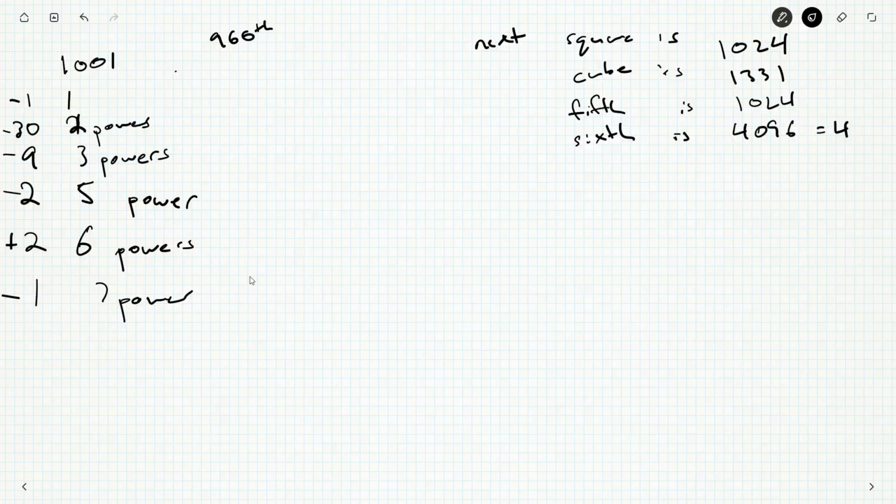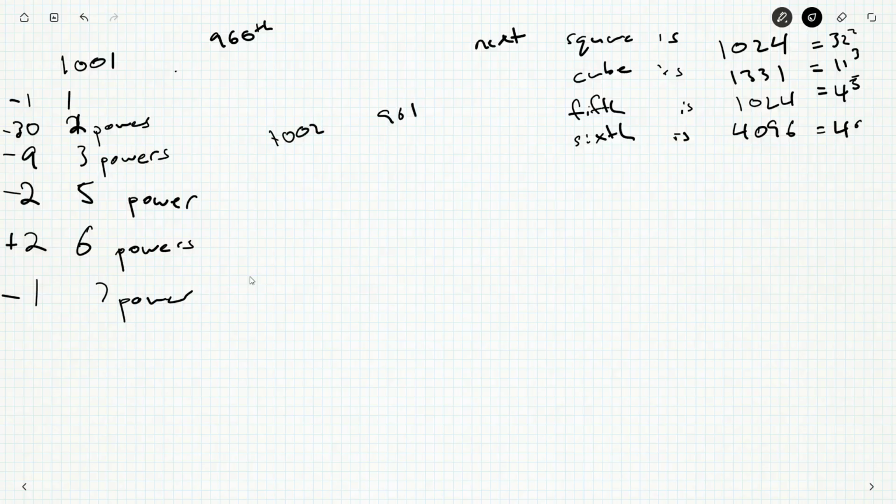So next seventh power is 4 to the 7, that sort of stuff. So we don't need to worry about these.